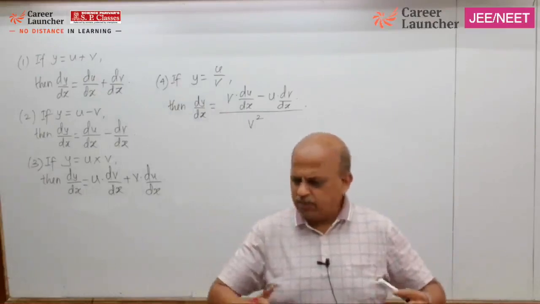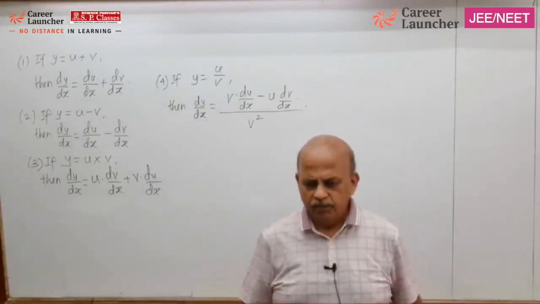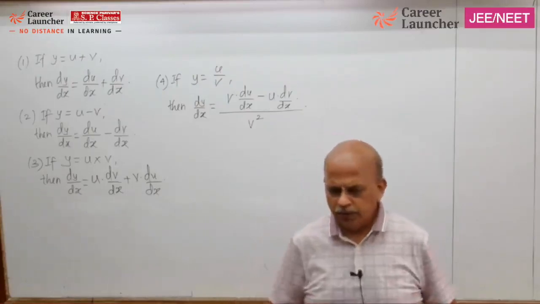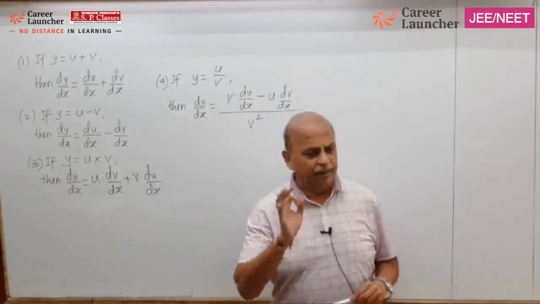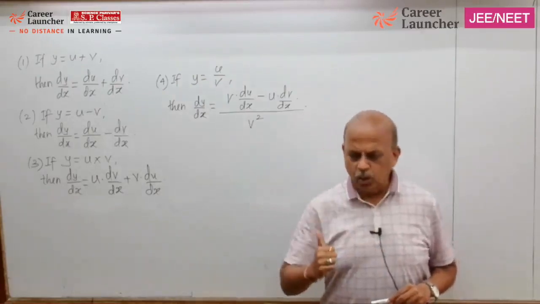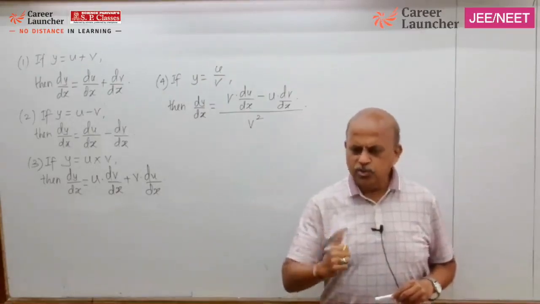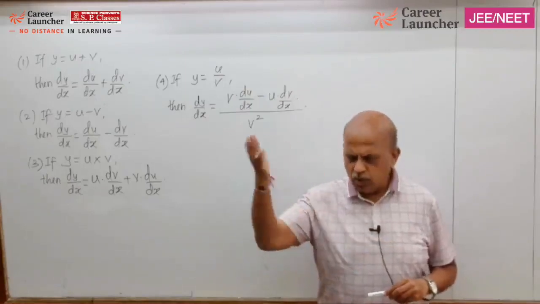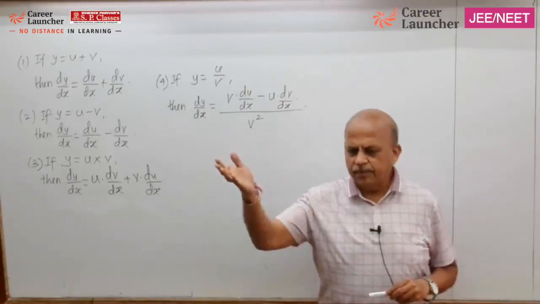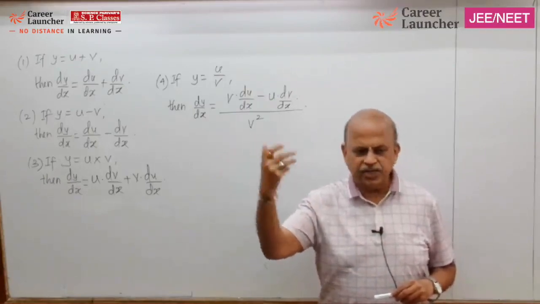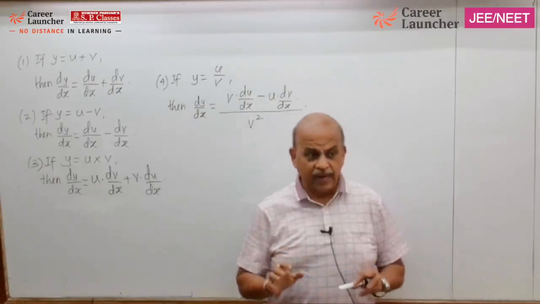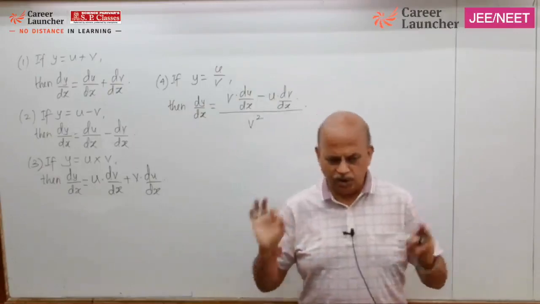You may say both of today's sessions we will devote to problems based on the chain rule. It is very, very important, because this chain rule will be used everywhere, not only in the chapter of derivatives but also in other chapters coming up, like integration, definite integration, differential equations and all. That is why understanding the chain rule is very important.